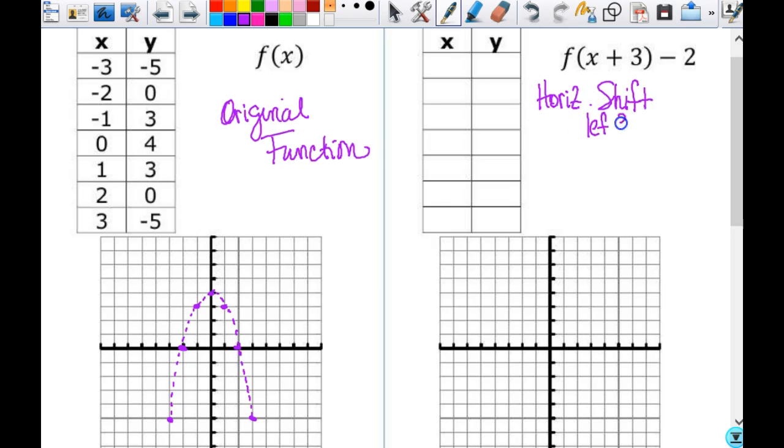Left 3. And then that -2 means that is a what? Vertical shift. What? Down 2.